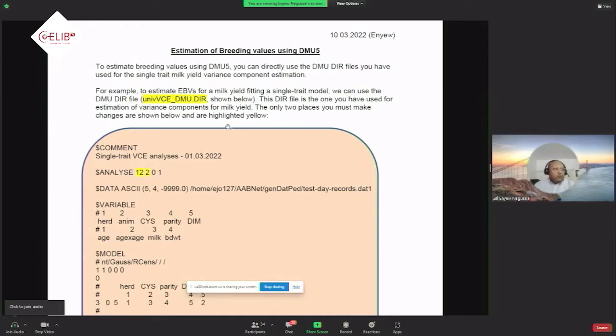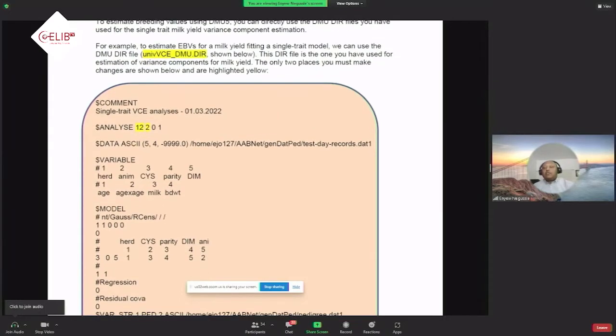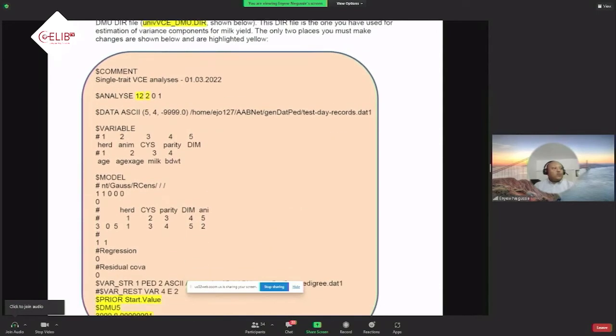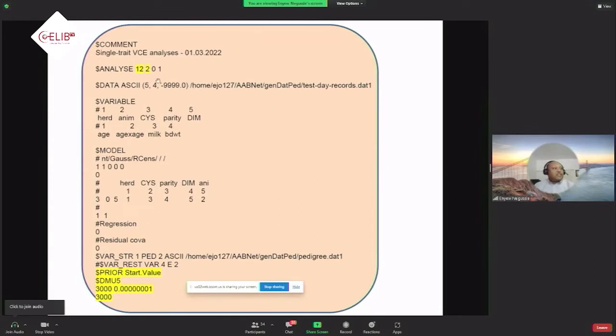If you remember, in one of the notes that I sent to you this morning, there is estimation of breeding values using DMU5. For this, you just need the directive file which we used yesterday or the day before yesterday for estimating variance components for milk yield, fitting a single trait model. If you copy that somewhere and make changes in 2-3 places, you have the directive file for estimation of breeding values.